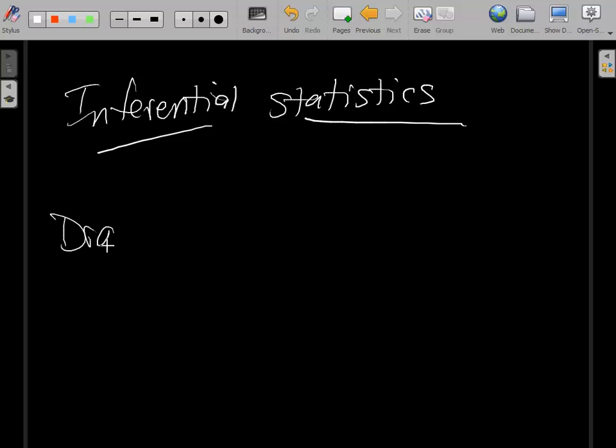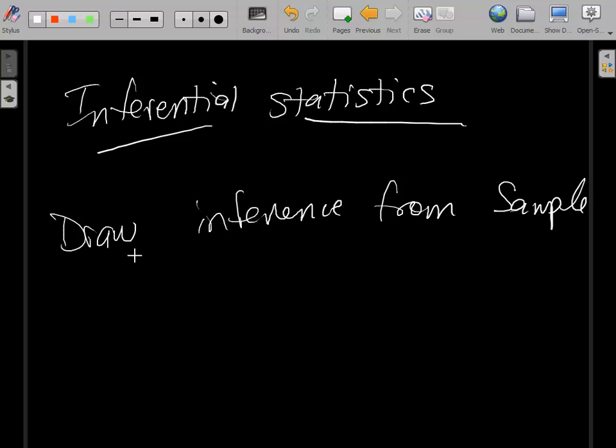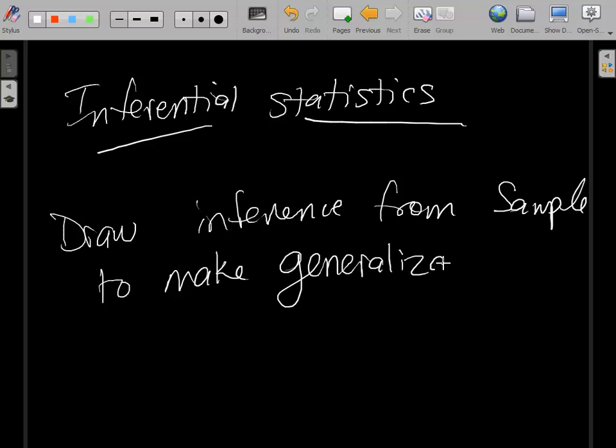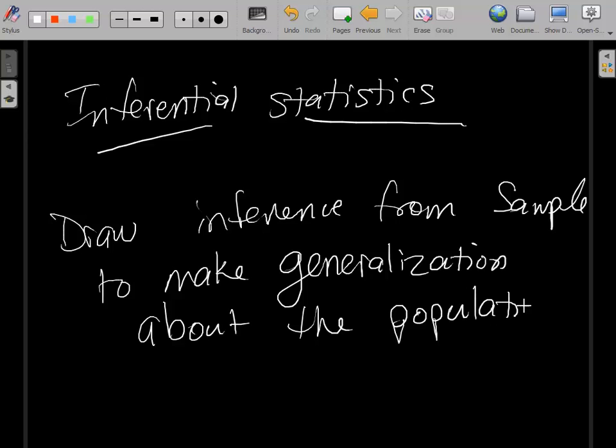Okay, so we draw an inference from the sample to make a generalization about the population. Okay, and we'll talk about inferential statistics a little bit later on.